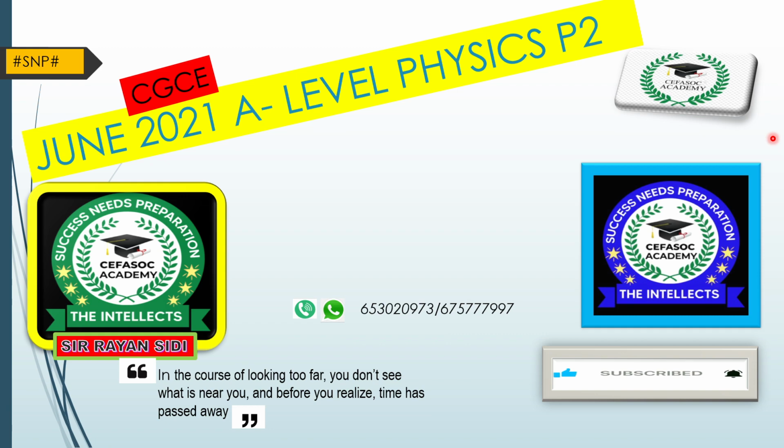So in this video, we are looking at June 2021 Advanced Level Physics Paper 2, Section 1, Question 1.